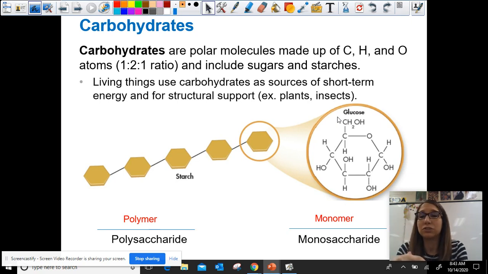There's also something called sucrose, which is actually a disaccharide, which means there's 2 linked together, and that's a fructose and a glucose that are linked together. And if you've ever heard of fructose, that's what we see in high fructose corn syrup. That's also a monosaccharide. Glucose and fructose, when you link them together, they form sucrose, this little disaccharide molecule, which is the thing that you eat when you eat sugar.